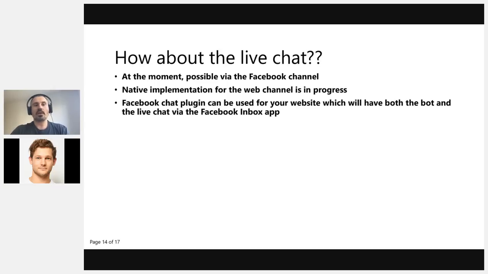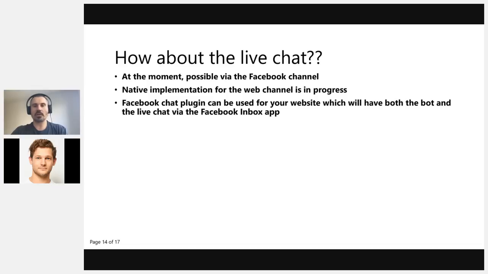So in my example, I have created the instant messenger channel of type Facebook connected to my page. And you can see that I used that Facebook chat plugin, as they call it, on my website. This way, you can take the best from both parts.